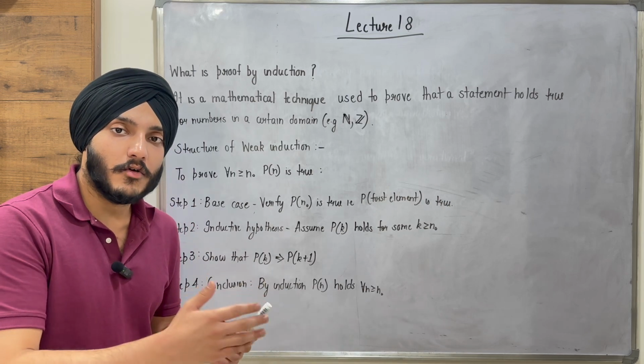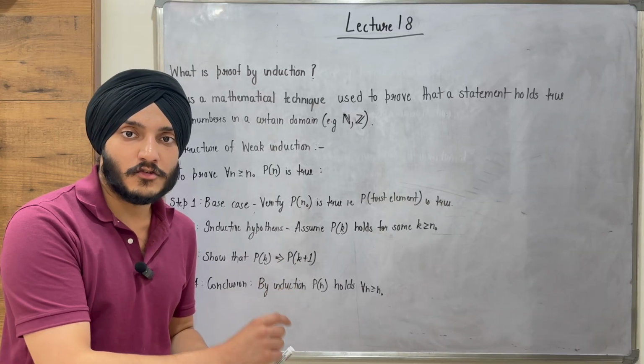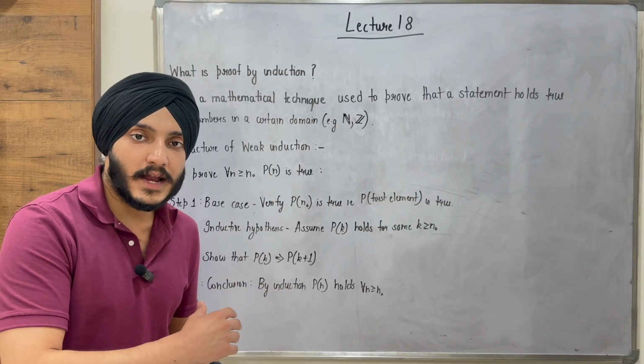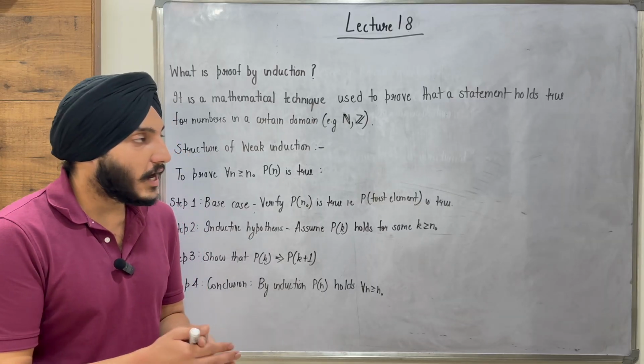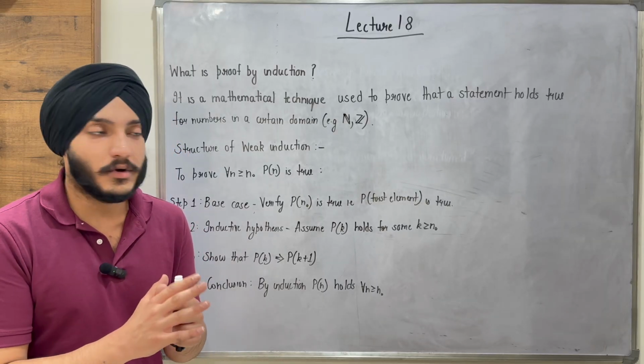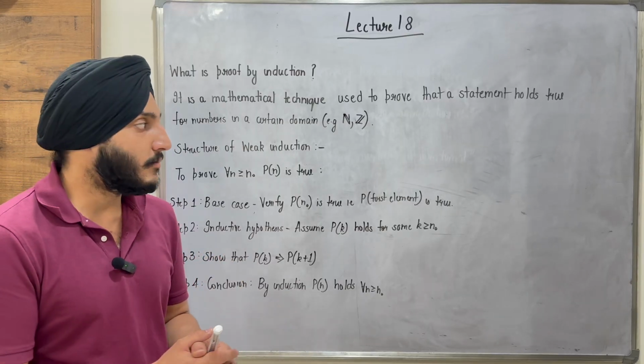It creates a domino effect: since we have proved this for a certain number, then it is true for the next one and the next one, and hence it is true for all the numbers that exist in that set, right? If you're not able to understand what I'm trying to say, that's totally fine. I think things will become a lot clearer when we look at the examples.